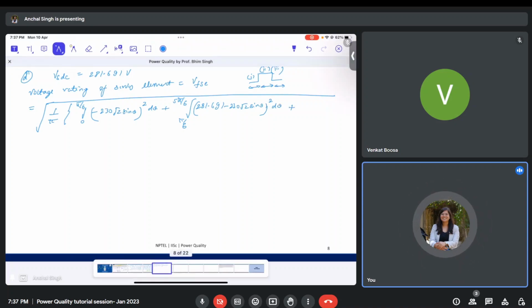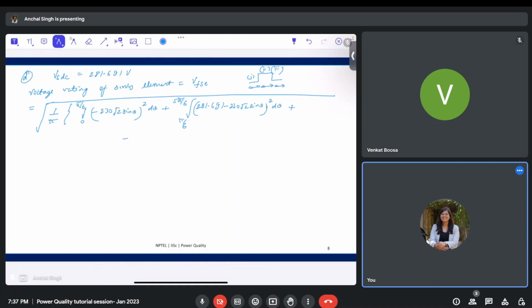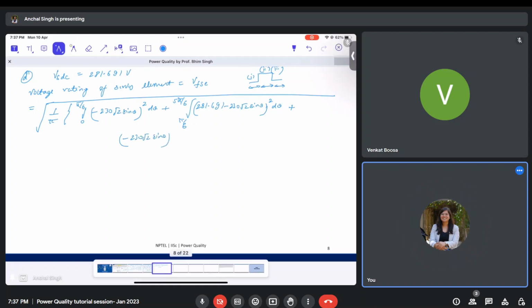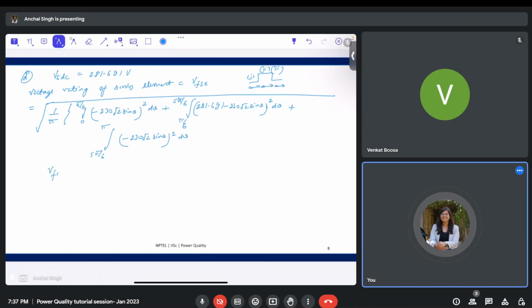Then for the third, again it is 0 minus 230 root 2 sin theta whole square d theta from 5 pi by 6 to pi. On solving, VFSE will come out to be approximately 69.052 volts. Okay. Now, in the next part, we have to calculate the current rating of series element.